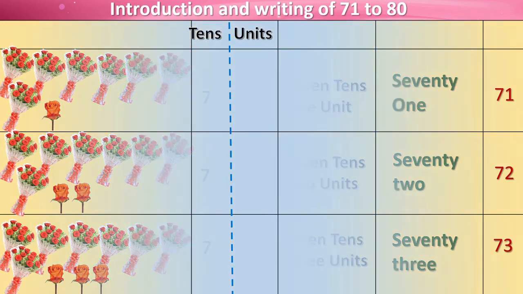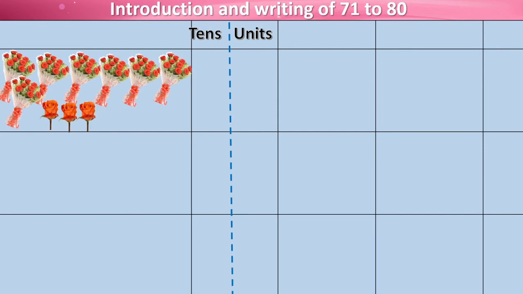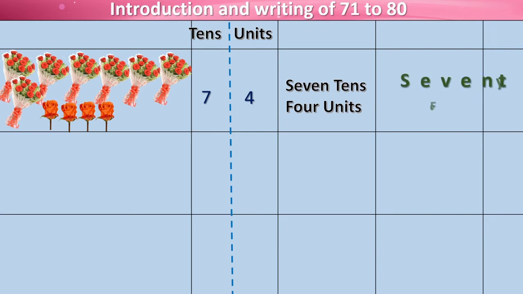Dear children, let us add one more flower to these 73 flowers. Here it is. It gave us 7 tens, 4 units. Right? 7 tens, 4 units means 74. In numerals 70 and 4. Okay, got this?